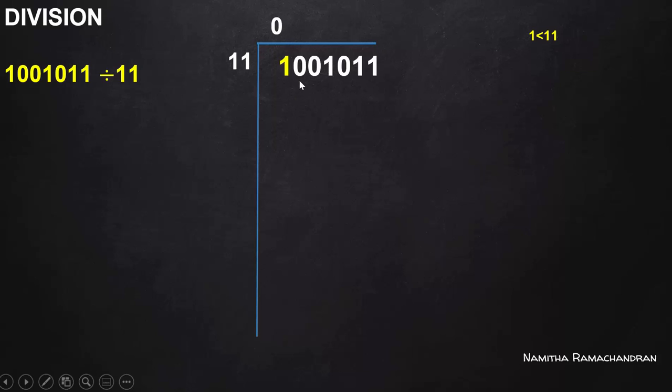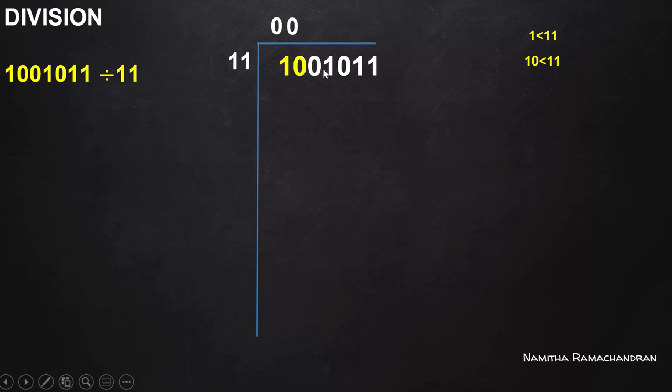Next consider the 0 along with this 1. Now it forms 1, 0. 1, 0 in binary is actually 2, and this 1, 1 in binary indicates 3 in decimal. This 2 is less than 3. Again, the division is not possible, so we can put a 0 here.